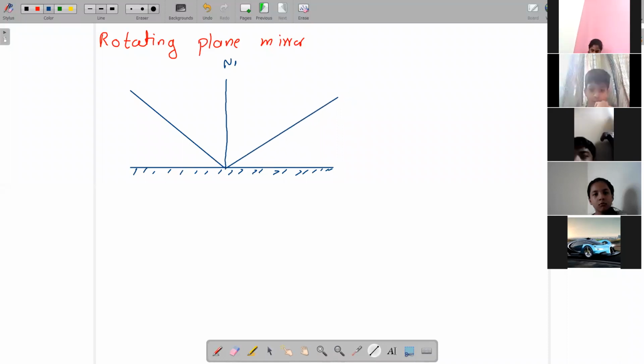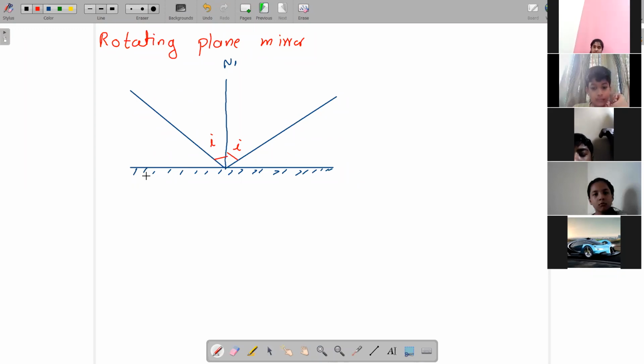Let us take this angle of incidence i, and the same angle is the angle of reflection r. Instead of writing r, I can write i only, because the angle of incidence and angle of reflection are the same.